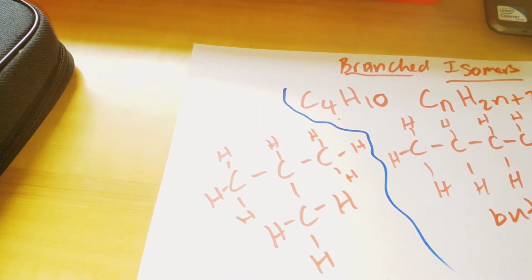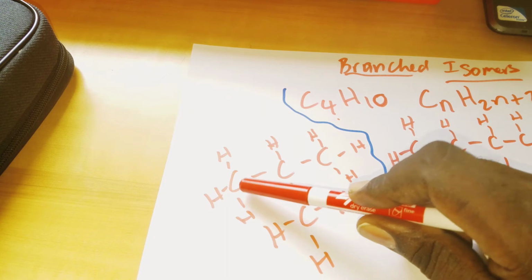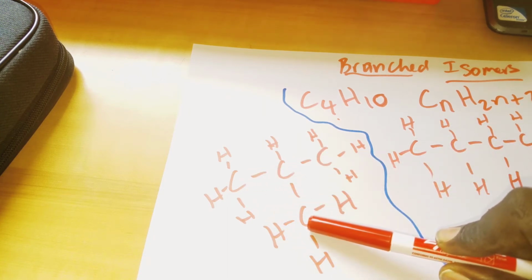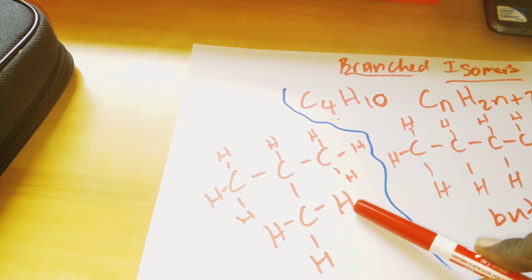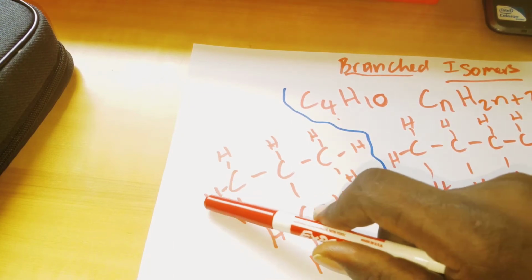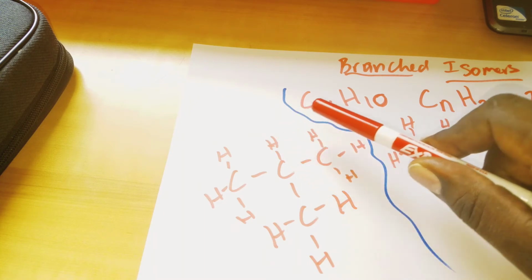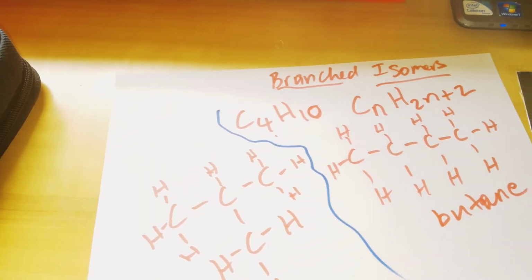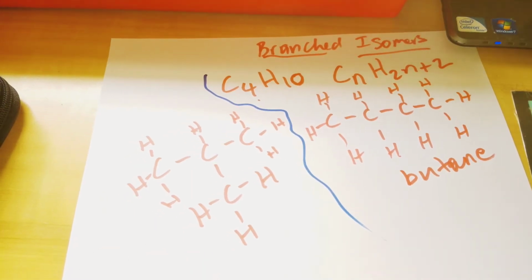There it is on the left side of the line. What's the molecular formula of this species? Let's check: 1, 2, 3, 4, so 4 carbons. How many hydrogens? 1, 2, 3, 4, 5, 6, 7, 8, 9, 10. So both these two species have the same molecular formula, but do they look the same? Well, no, they don't.